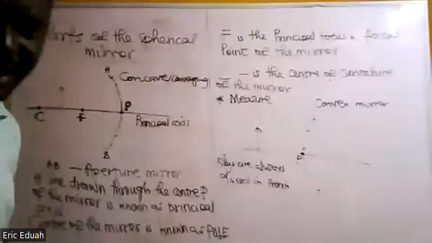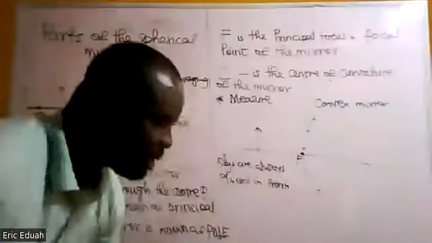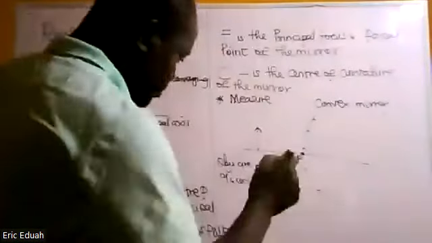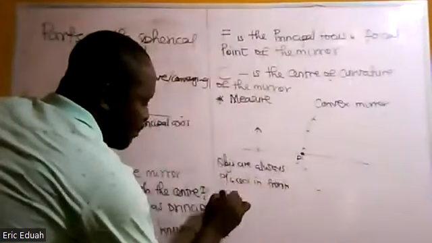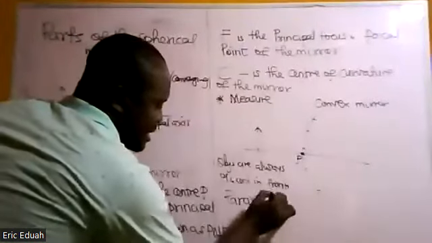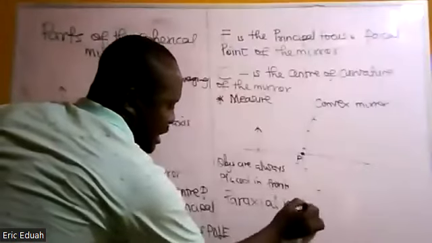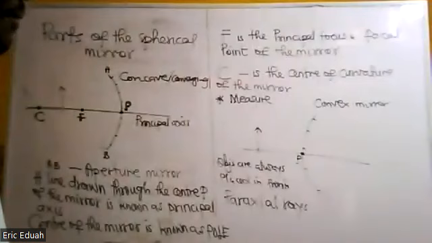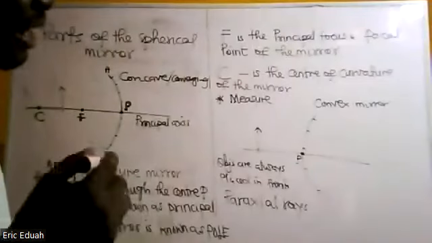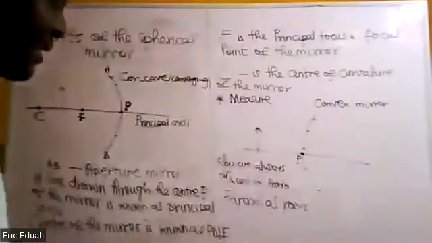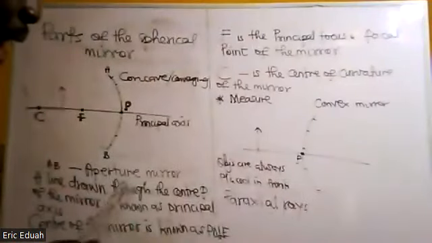Experimentally, it is noticed that whenever you have paraxial rays, and what are paraxial rays? Paraxial rays are rays that are very close to the principal axis and parallel.